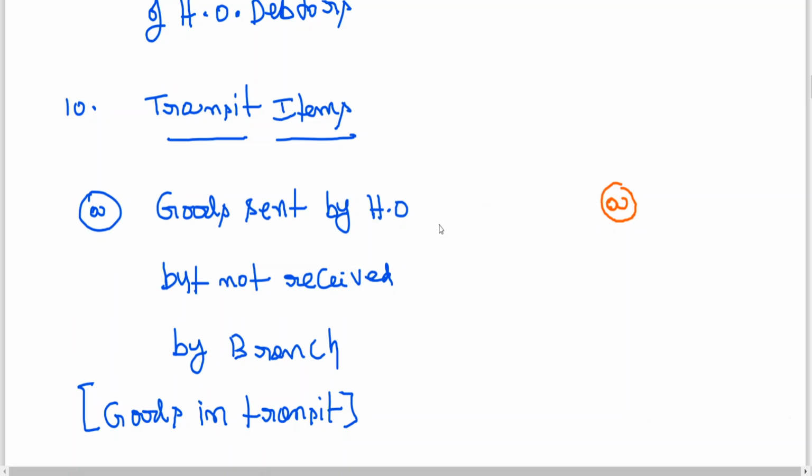In dependent branches, if you remember, maybe last but one problem, the preceding previous class, we have seen that the closing balance is having goods in transit, something like 33,000 something.